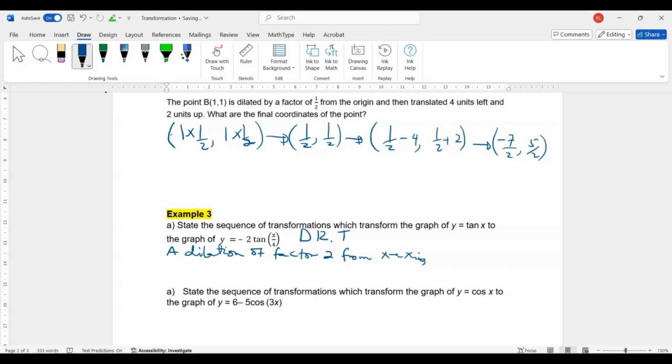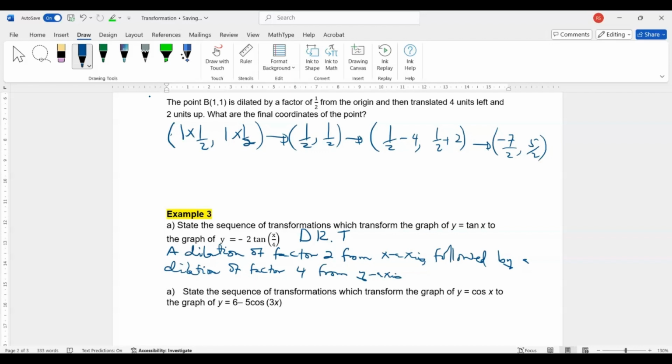Even though it's a fraction, we reciprocate the dilation factor, followed by the dilation of factor 4 from the y-axis.